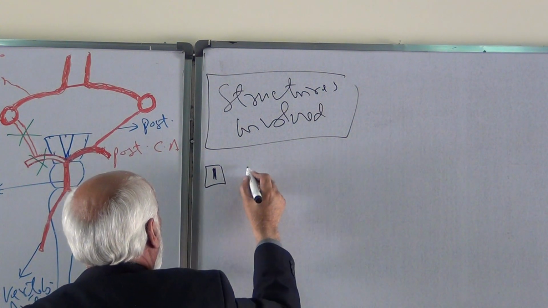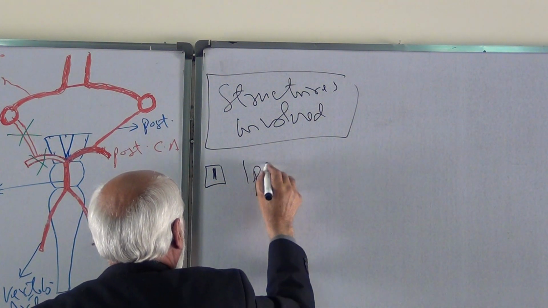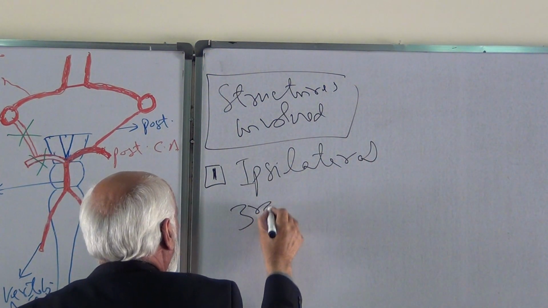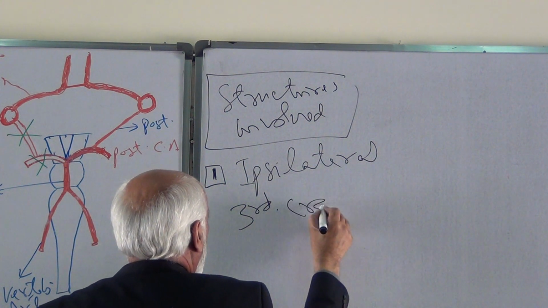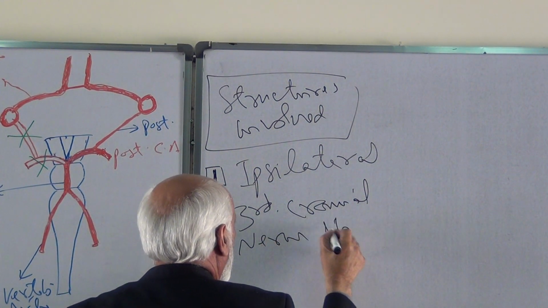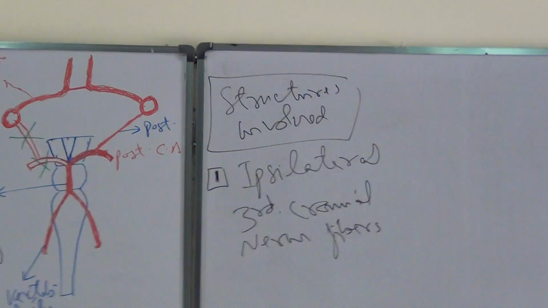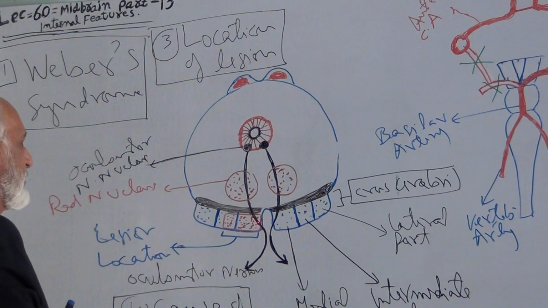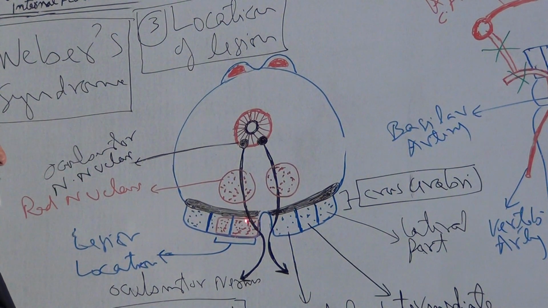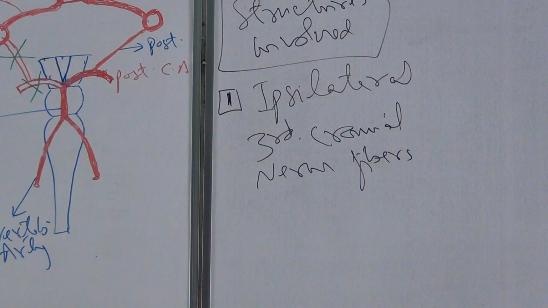Number one, ipsilateral third cranial nerve fibers. As I told you, during its course, the oculomotor nerve fibers pass through the medial part of the crus cerebri. So when the medial part of the crus cerebri is damaged, it will also damage the third nerve fibers.